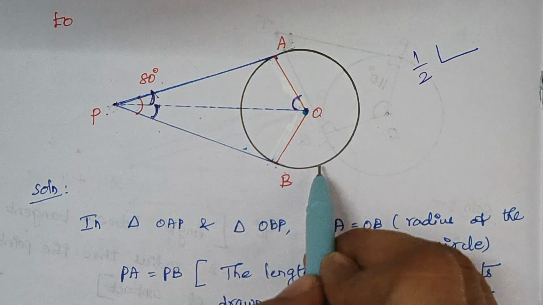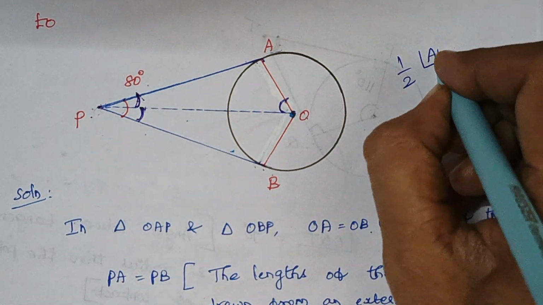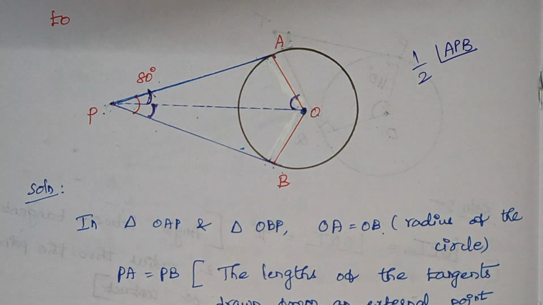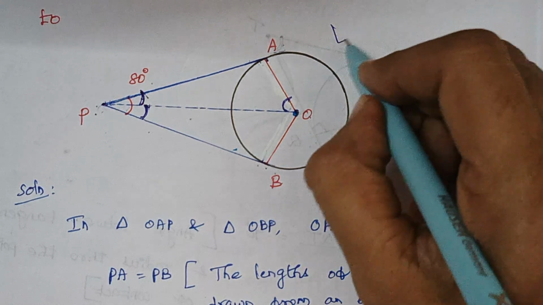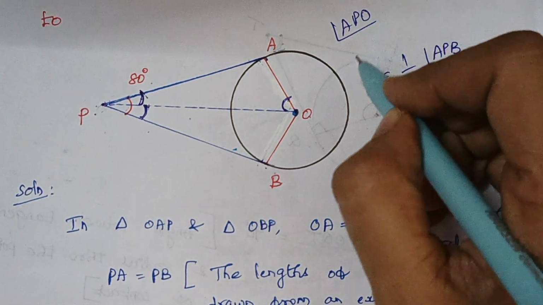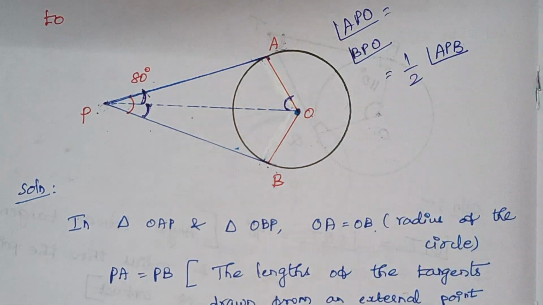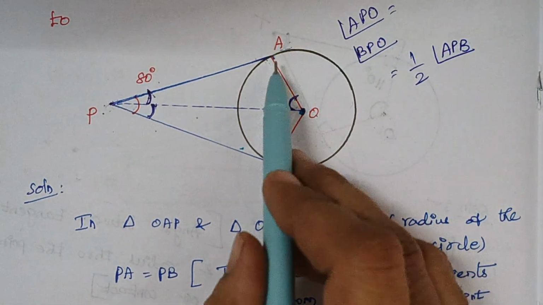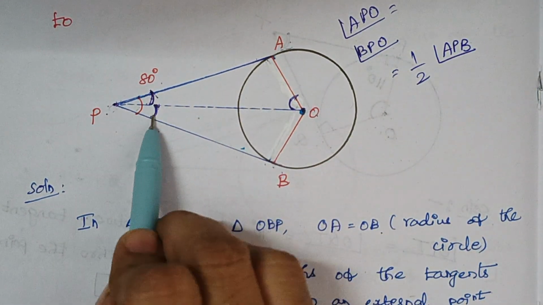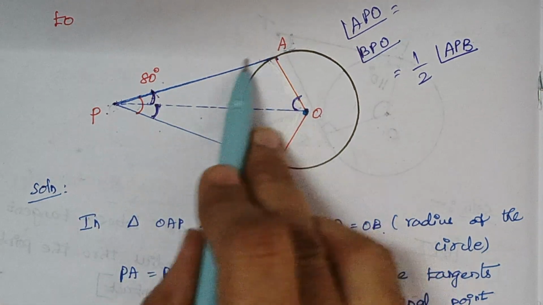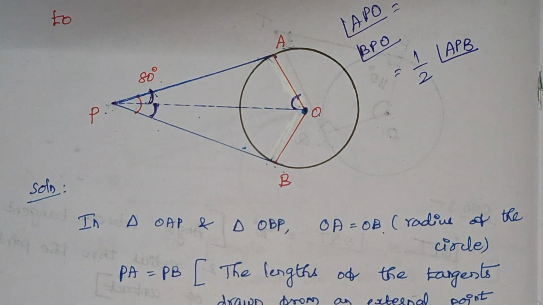What is this bigger angle? It is APB. That is, angle APO is equal to angle BPO, so each is equal to half of this angle.